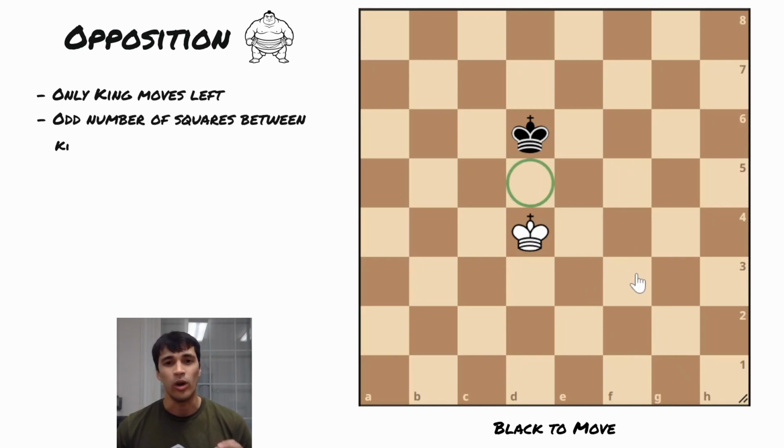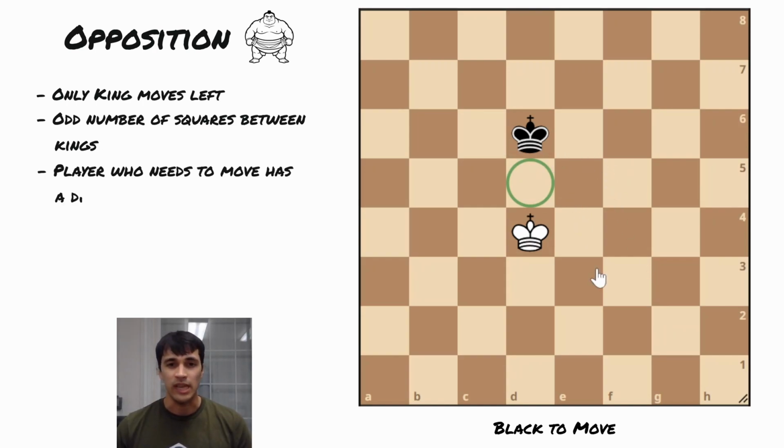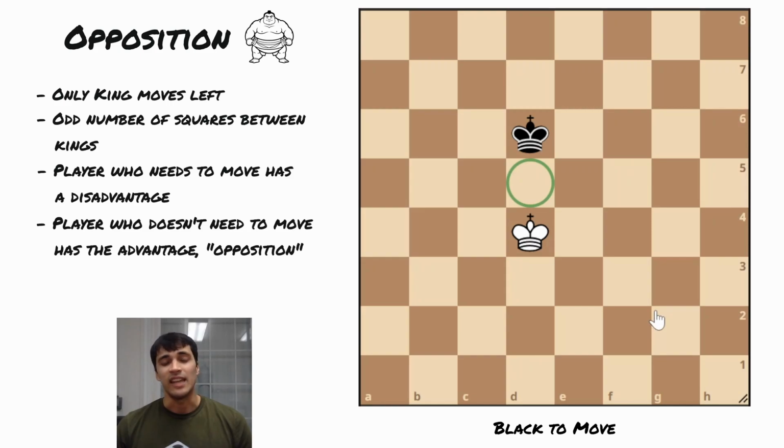Here there's one square in between the two kings. The player who needs to move, the player whose turn it is, is at a disadvantage, because they need to move to one side. So the player who does not need to move is at an advantage and is said to have the opposition. In this position, it's black to move, therefore white has the opposition.